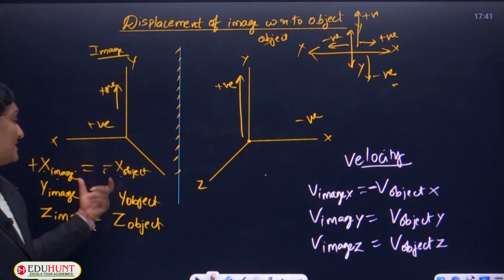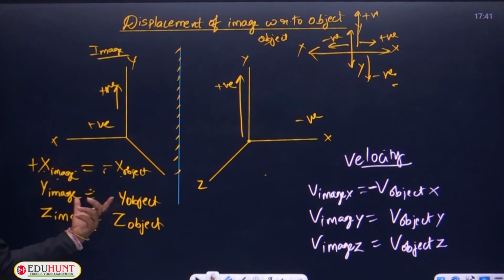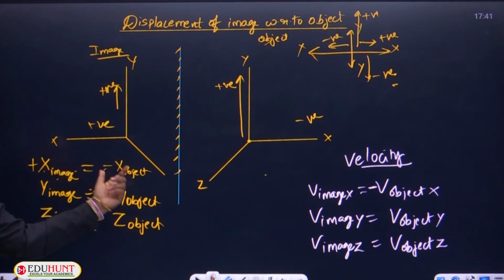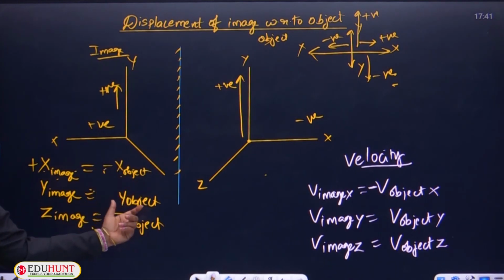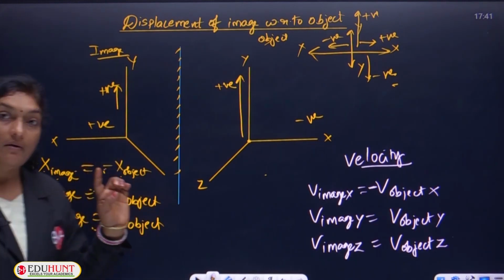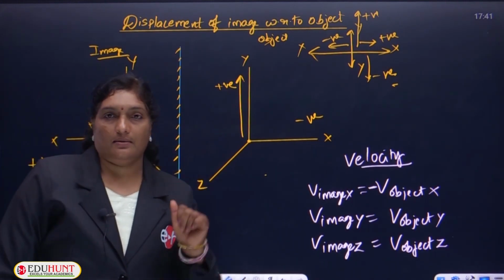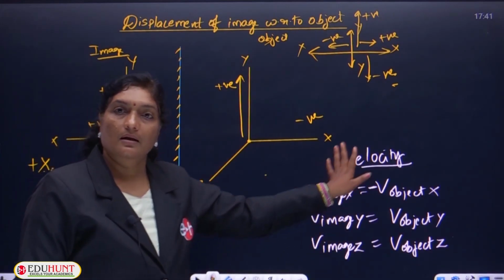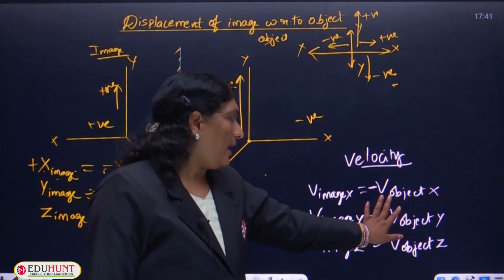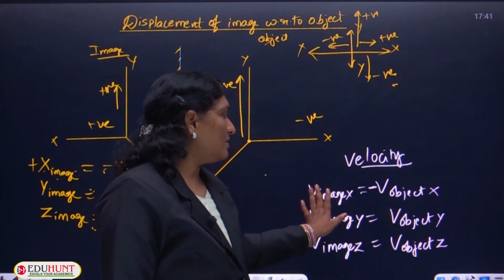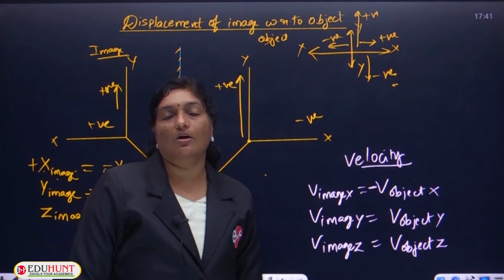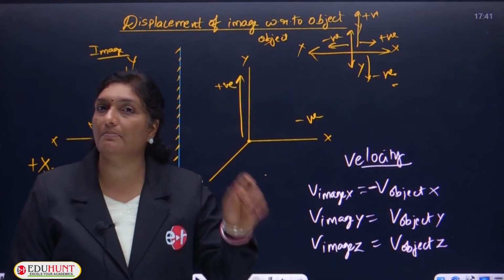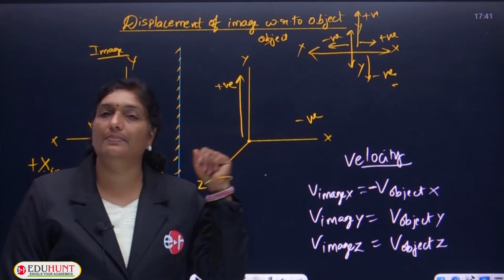So the displacement of the image with respect to the object is measured with respect to the mirror. Similarly, the relation between the velocity of image and the velocity of object is with respect to the mirror, because the mirror is stable.